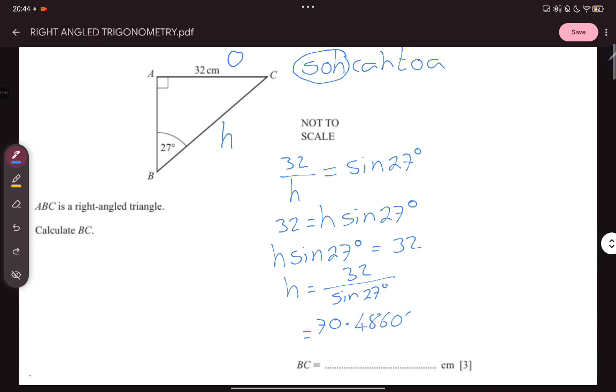That gives me this, 70.48605647. Going back to the question to see if they've asked me to round it to a particular accuracy. They haven't in this case, so I'm going to round it to a sensible accuracy, 1 decimal place, 70.5, and that's 70.5 centimeters.